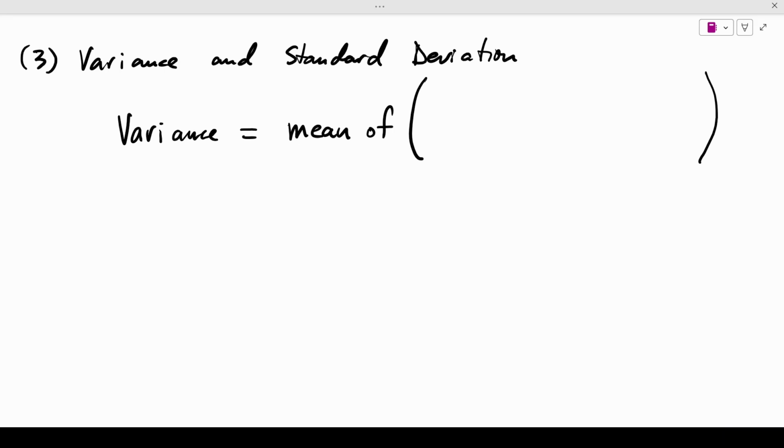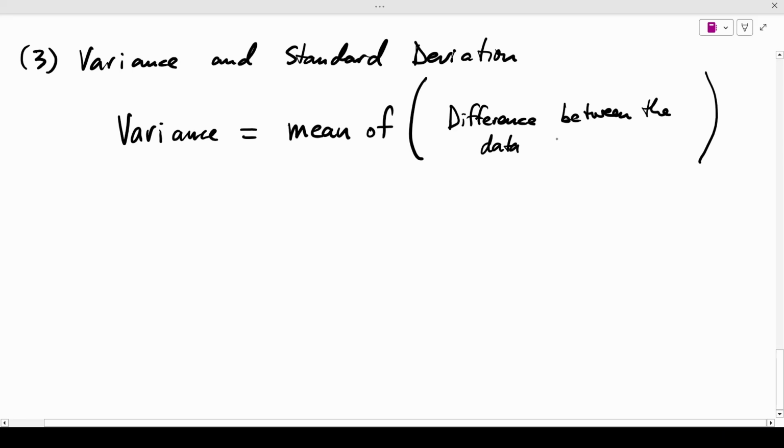We want the average of the spread outness. And the spread outness, we're going to define this way: the difference, the subtraction, between the data value and the mean of the data itself.